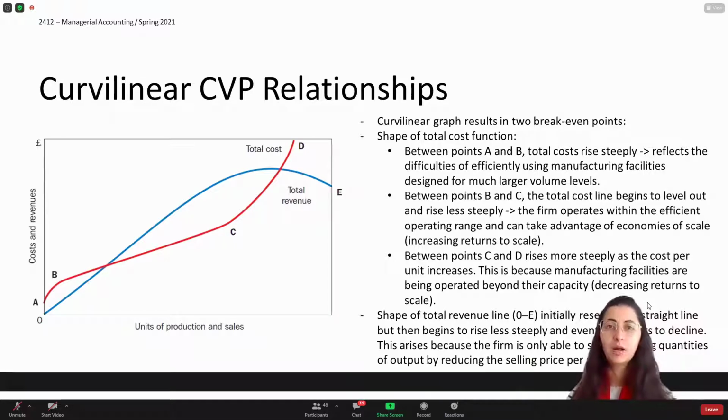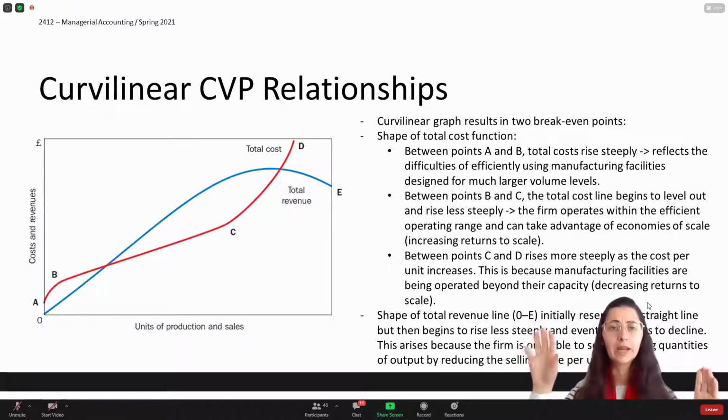When we have extra hours, we have to pay extra to these employees, which is very expensive. Or we start operating the machines more without the proper maintenance breaks, and then the machines break down, and we have huge costs in repairing them. So when we go above point C, each extra unit again costs a lot of money to the organization because it's above capacity.